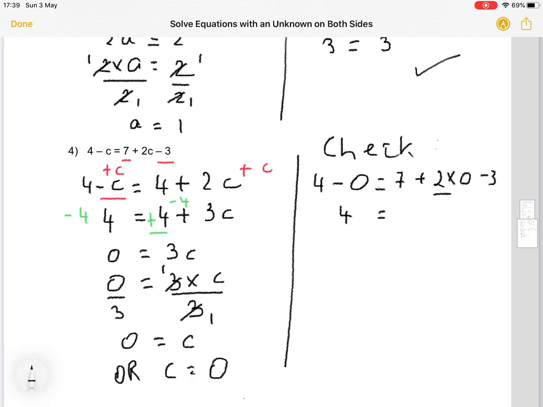On the right-hand side, 2 times 0 is 0, so I have 7 plus 0 minus 3, which is 7 minus 3, it is a 4. Since the left-hand side is equal to the right-hand side, my answer is correct.